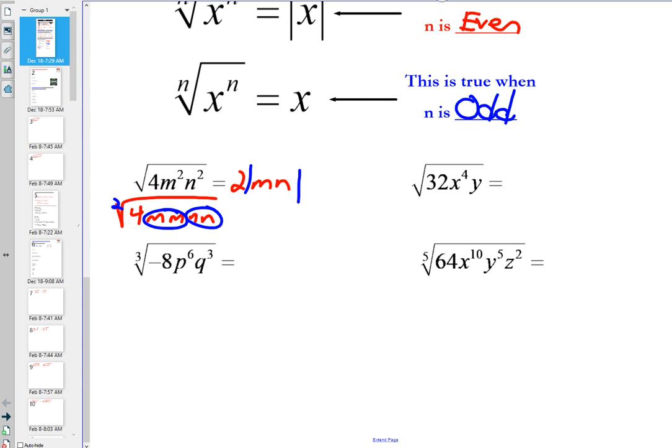What does an absolute value do? Yeah, the simplest way of explaining it is it makes the number on the inside positive. But when it comes to square roots, or any even index, what potentially could happen when you have a negative on the inside?